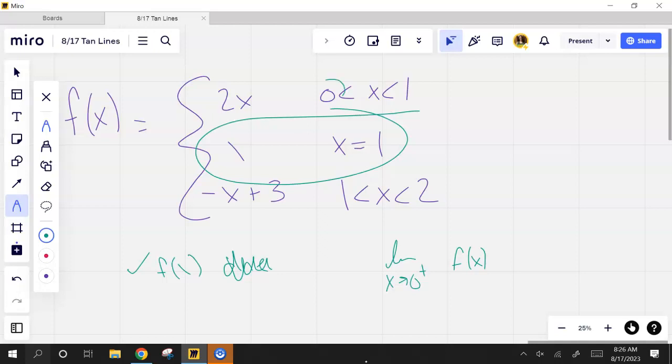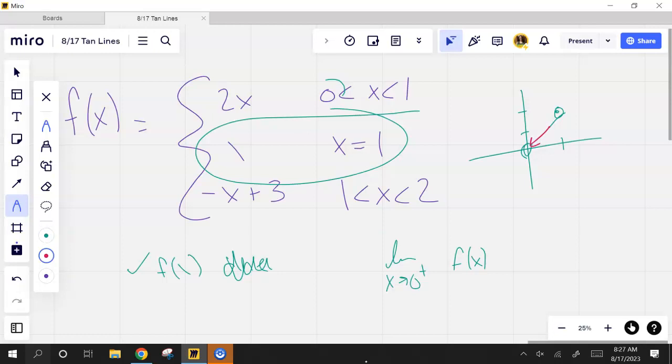So even though this does not include it, even though there's not an endpoint there, I would technically have an open dot at 0, 0, and then I'd have 2x, 1, this is 2. That piece of that graph does something like that, right? As I come in from the right, I still have a limit. I might not be defined at that point, but I still have a limit.